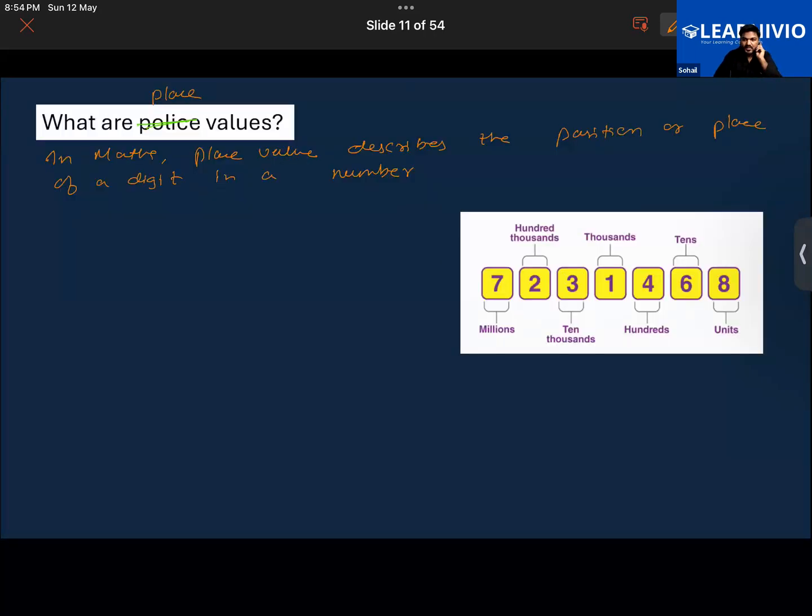Note: what should we note? You have to note this definition of place values. Let me read it out. In maths, place value describes the position or place of a digit in a number.